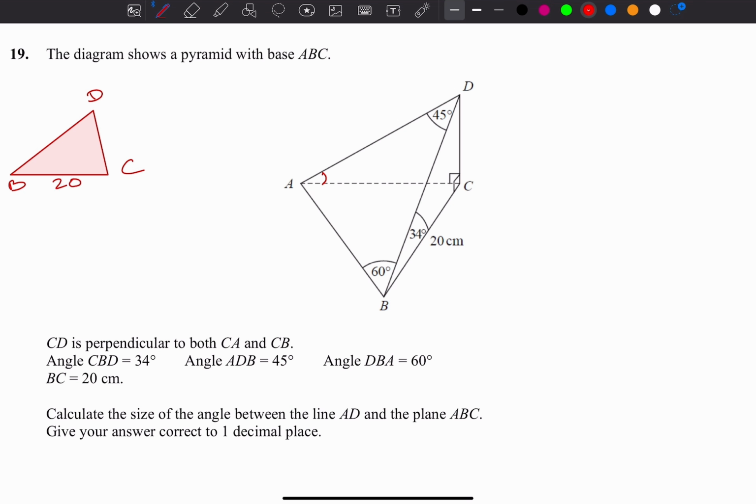The angle between that is 34. Hypotenuse, opposite, adjacent. I want DC, so opposite. Tan 34 equals opposite, DC, over adjacent, 20. DC is 20 tan 34, which will make it 13.49, to 2 decimal places, okay?